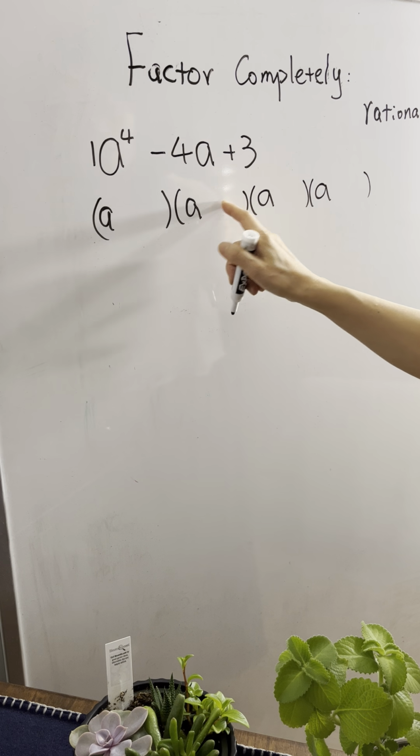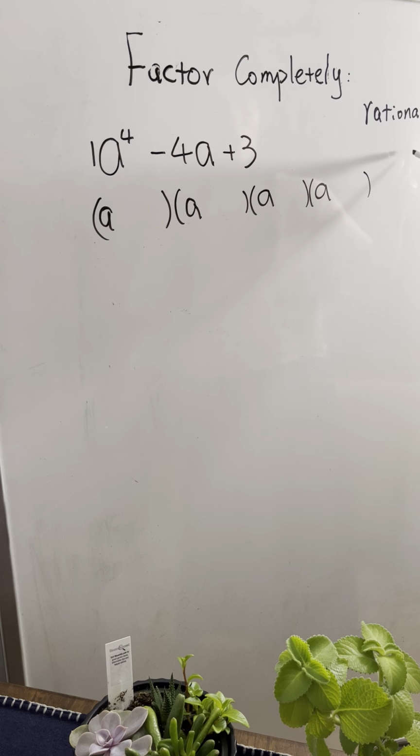So all the possible factors come from factors of 3, which is ±1 or ±3, divided by the factors of 1. So how many possibilities if we divide those two? ±1 divided by ±1, so that's ±1. ±3 divided by ±1, that's ±3.